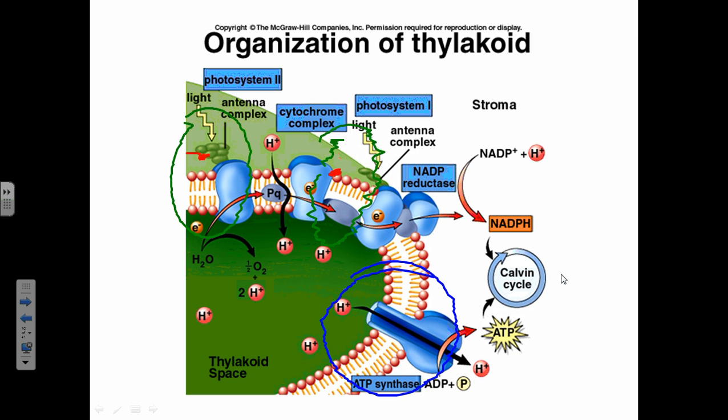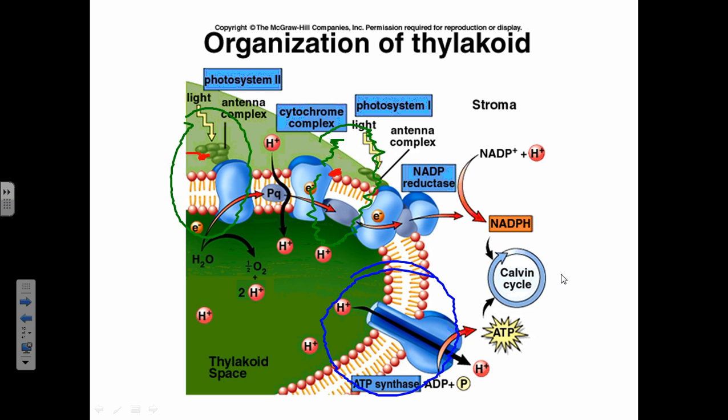So 3 things mostly made in the light part of photosynthesis, ATP and NADPH. Both forms of stored what? Chemical energy that came from the sun originally. And then oxygen gas. Another word we could throw at this picture to describe it is what? Another phrase. There you go. Non-cyclic photophosphorylation.